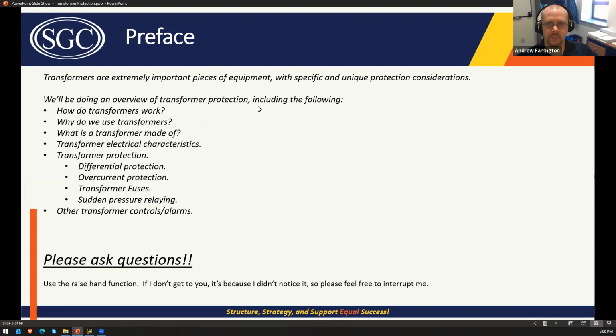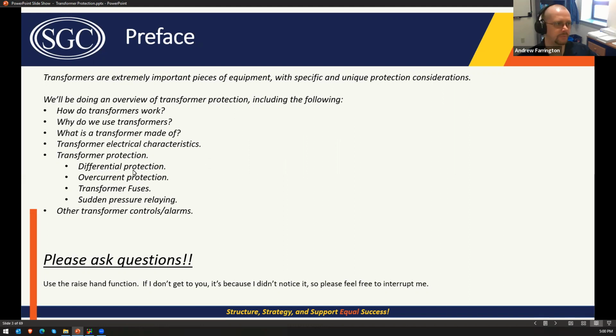So we'll be covering how transformers work, why we use them, what they are made of, and some of the unique electrical characteristics that apply only to transformers, and then we'll get into transformer protection.